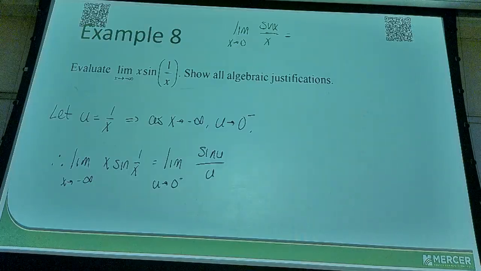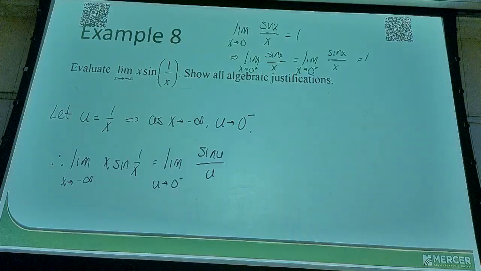What was that limit? Oh, it goes to 1. If the limit exists, doesn't that mean the two one-sided limits are identical? Which means that limit's 1.